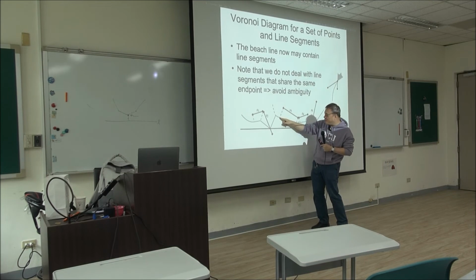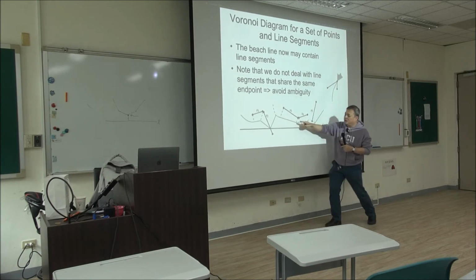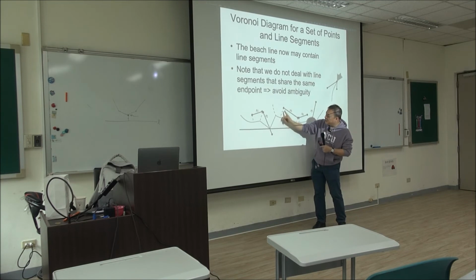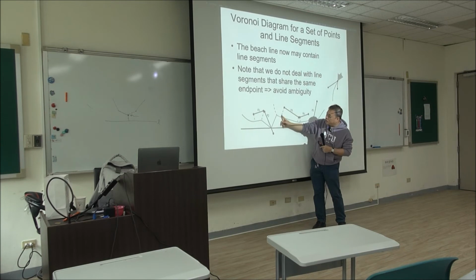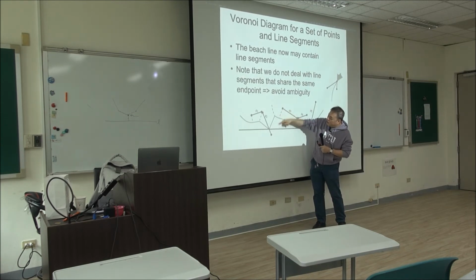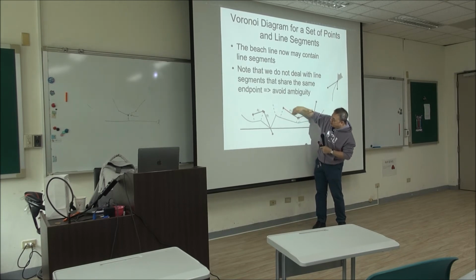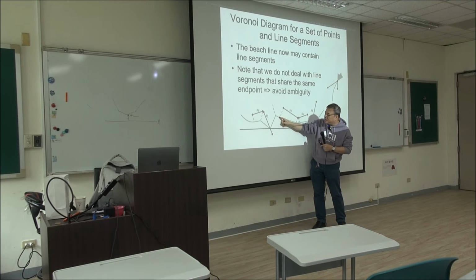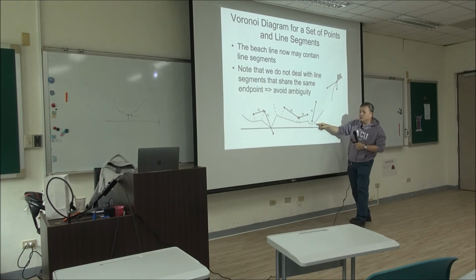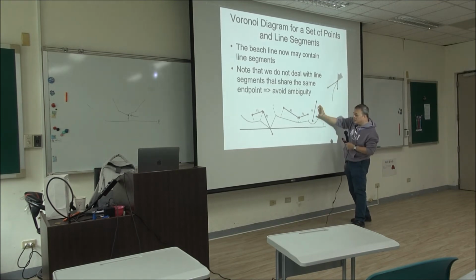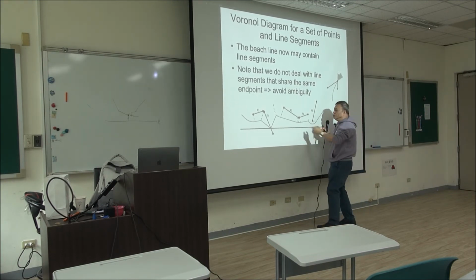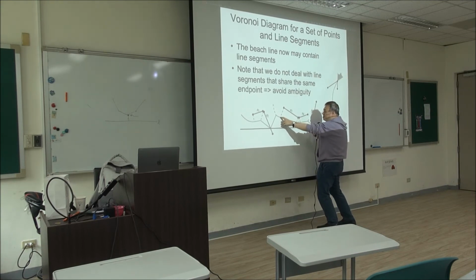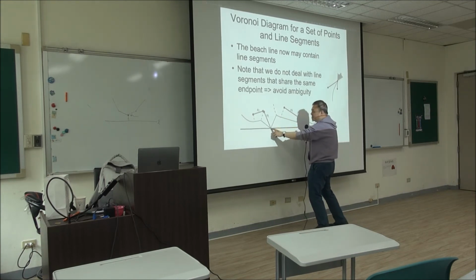This breakpoint is the same as this breakpoint, because its closest site is this one, and it has equal distance to this site, and the distance to the endpoint here is perpendicular to this line segment, right? So this is the one that I was talking about, but it's like a 180-degree reverse, not exactly 180 degrees, but you get my point. So we have this case, which is case 4, and this case, which is case 5.